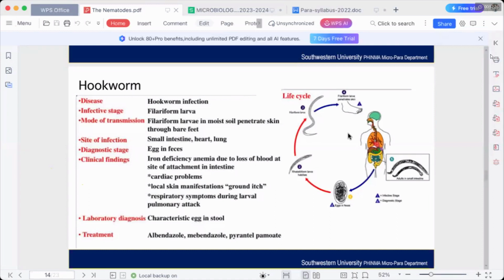So hookworms stay longer and can suck more nutrients from your body.